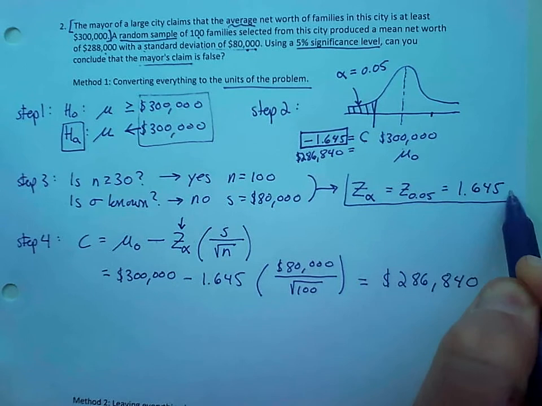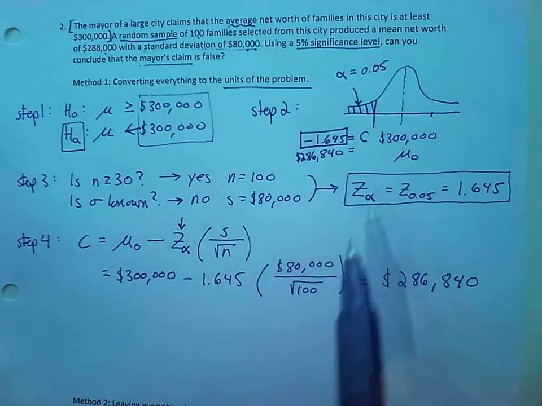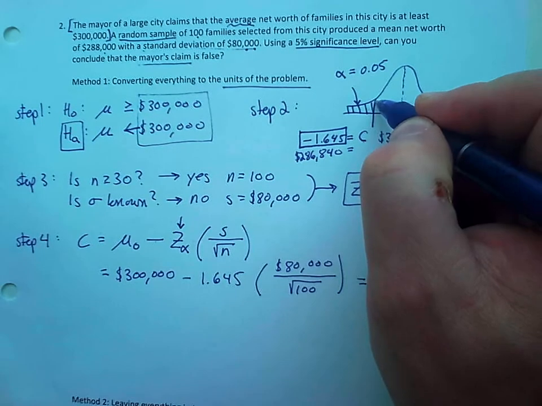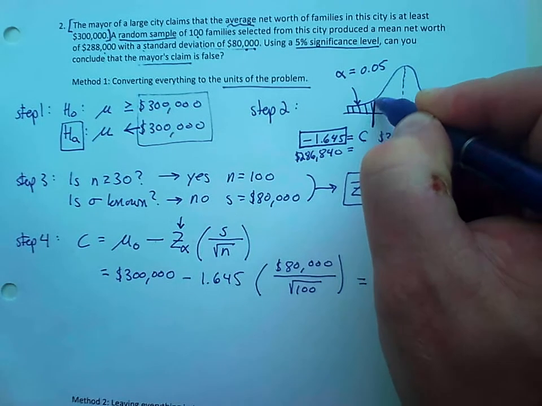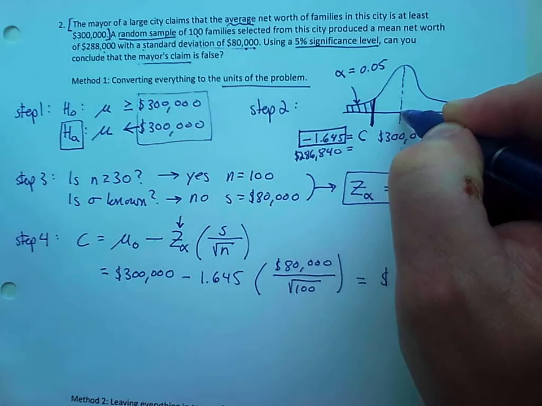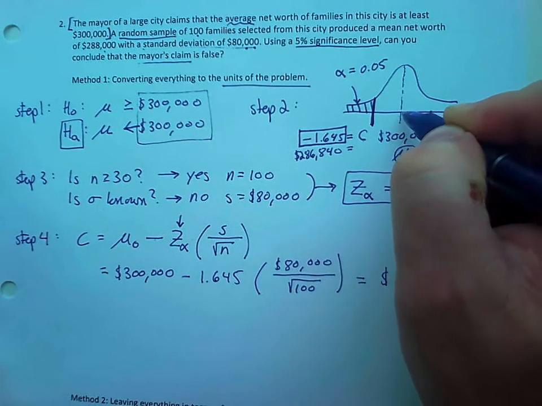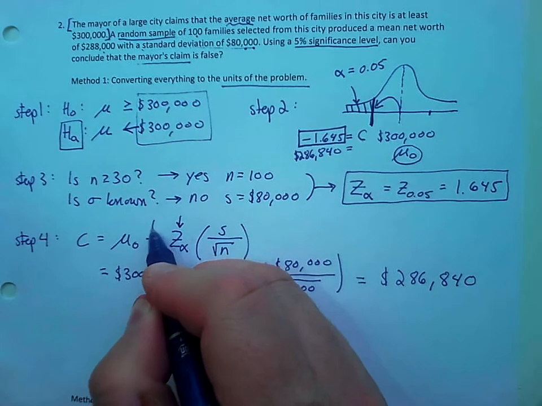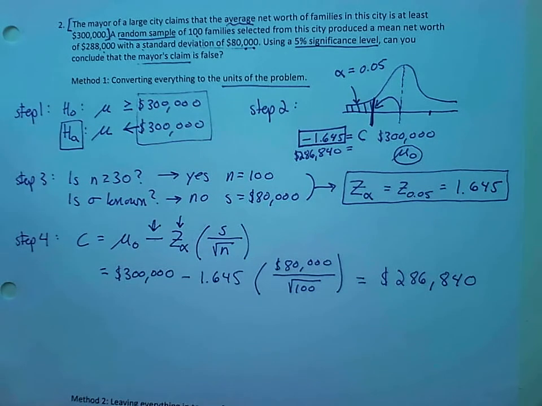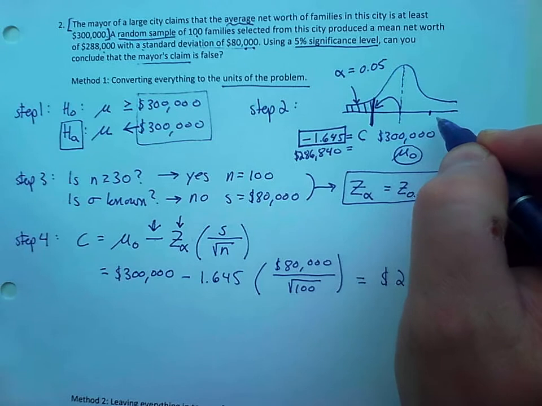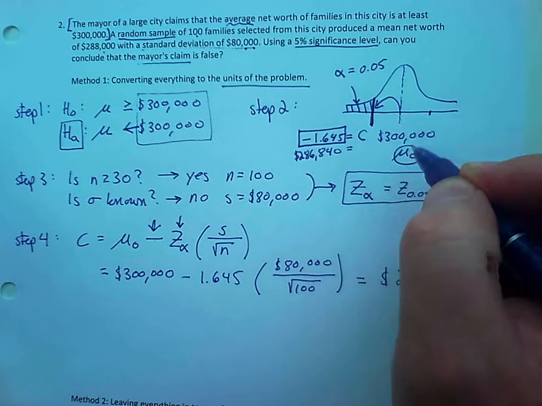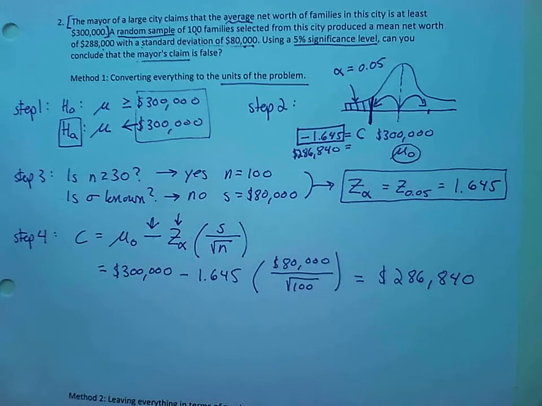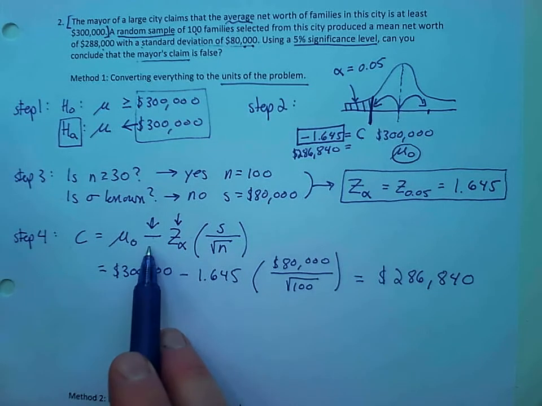that I'm going to consider these z values right here to always be positive values, so that if you need to find just the left-hand side critical value, you know that you're going to take mu sub naught and subtract something from it, hence this symbol. And if you try to find the right-hand side critical value, you can take mu naught and add something to it, which would then give you a plus symbol right here.